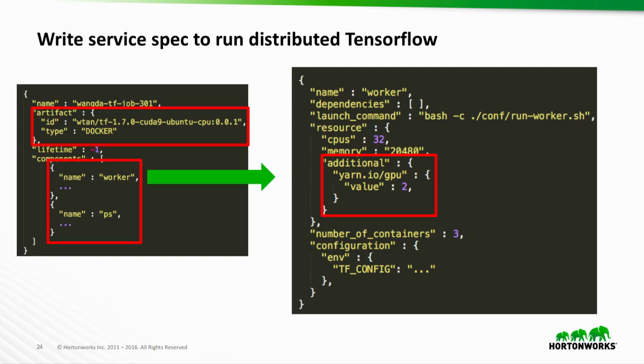We can specify the launch command and how many resources we need. Here we can specify the GPU. Once Yarn sees this, Yarn knows which node to allocate and how to do the isolation. The user doesn't need to worry about this. We also specify how many workers of this task there are, and specify the TF config.